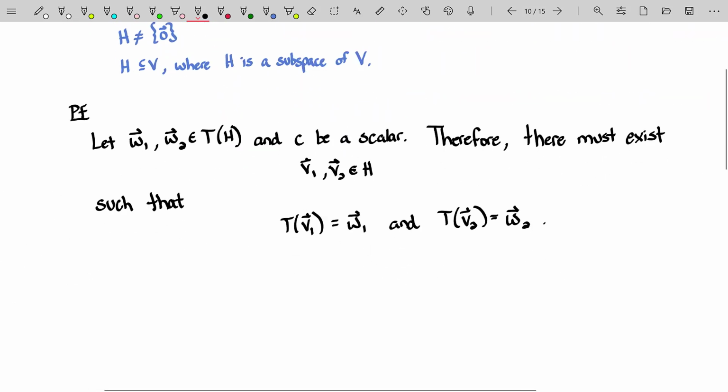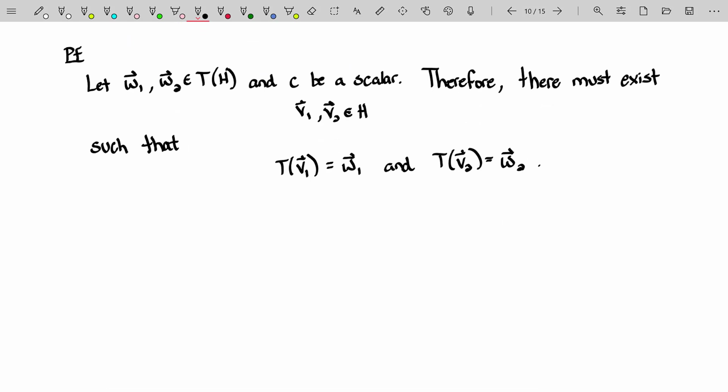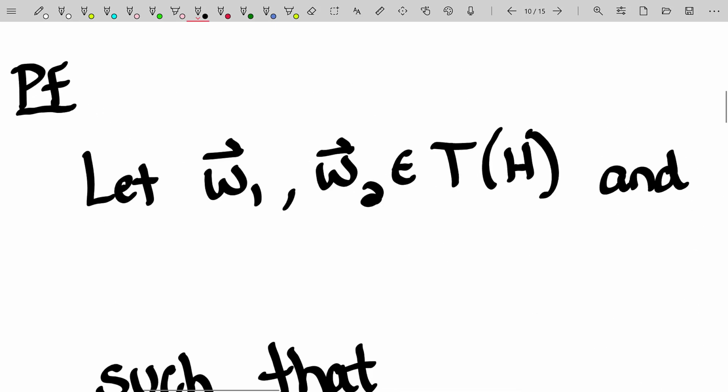And there we have it right there. Again, just to repeat, there must exist vectors V1 and V2 in the subspace H, such that T of V sub 1 is equal to W sub 1 and T of V sub 2 is equal to W sub 2. Again, because W1 and W2 are images of some vectors from H through the transformation T.